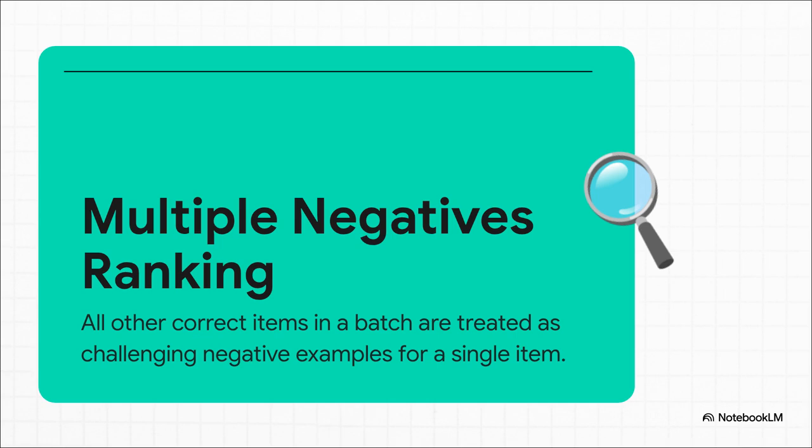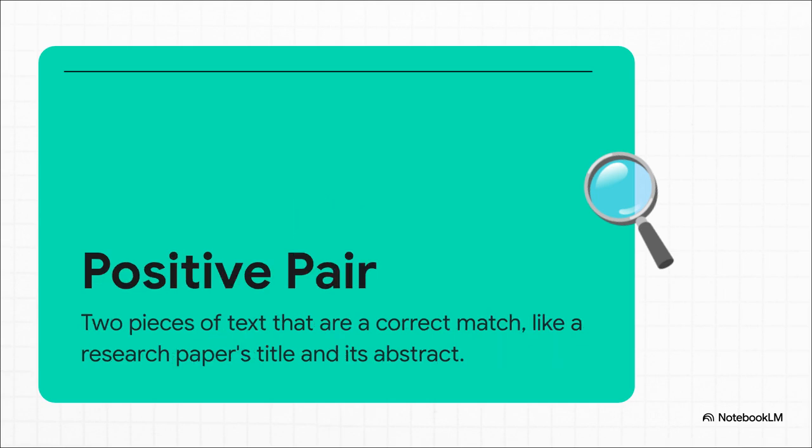Let me show you how that works. First thing, you just need a whole lot of what we call positive pairs. These are simply two pieces of text that you absolutely know belong together. The source material uses a perfect example, a big collection of research papers. Each paper's title is paired with its own abstract. That's a guaranteed 100% correct match.